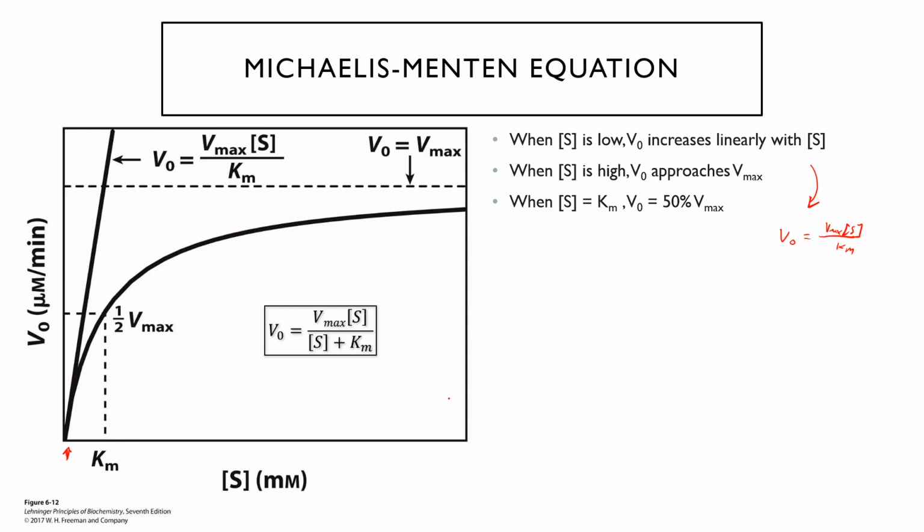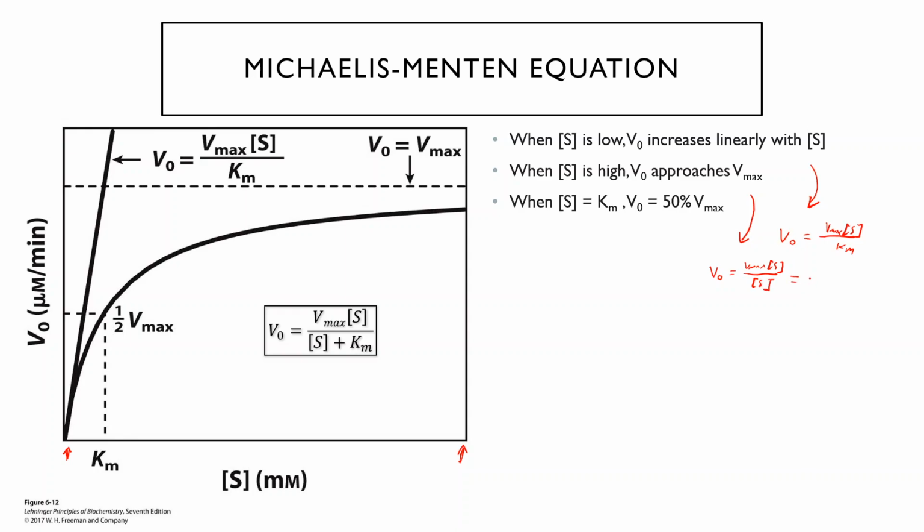Meanwhile, when substrate concentration is high, when we get to this end of the curve, then we can say that substrate concentration is large enough that we can ignore Km or assume it's 0. So then V0 equals Vmax times substrate concentration divided by substrate concentration.